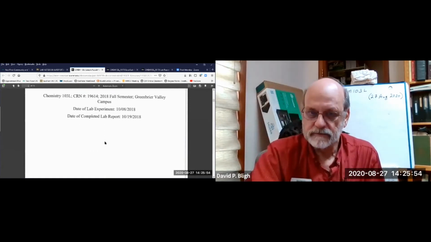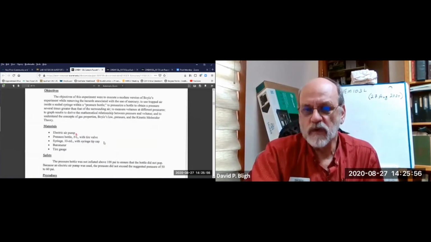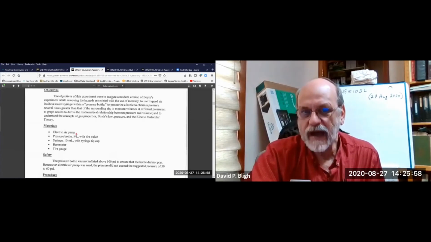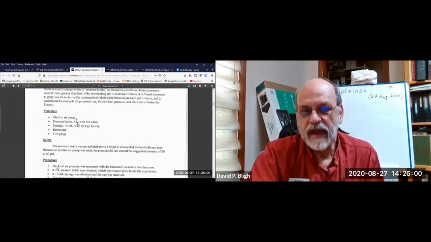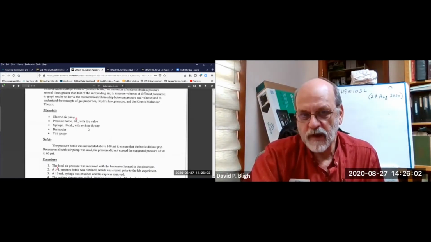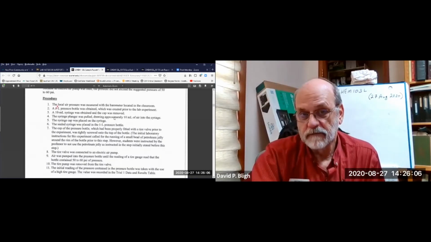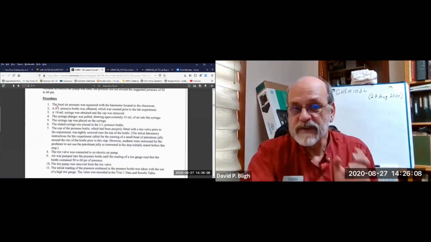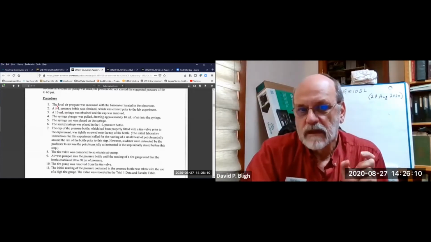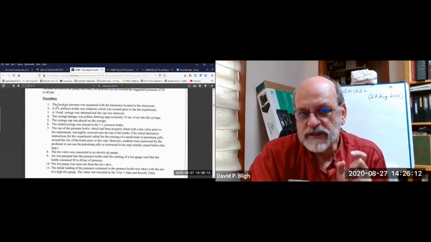That's your title page. Then you start with objectives. Why the experiment? And what's required for the experiment? Safety concerns. Now for the procedure, here is the proper tense for writing the procedure.